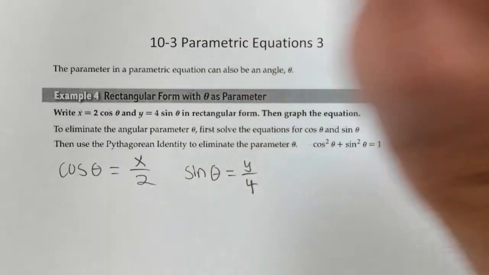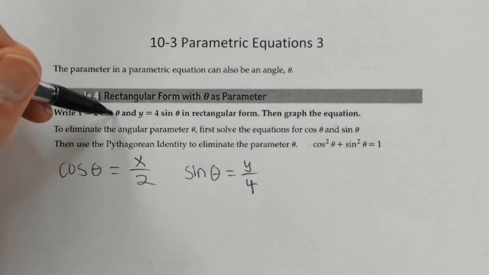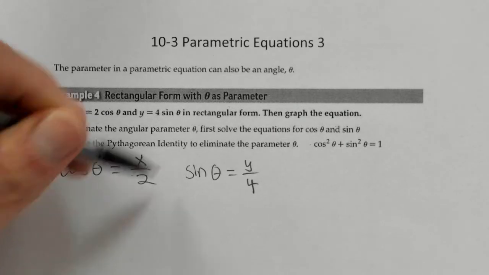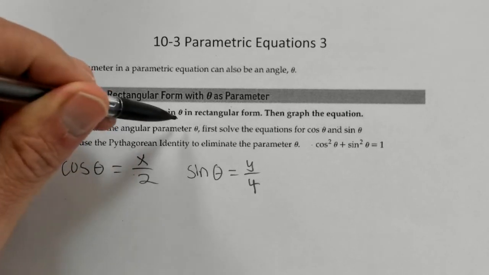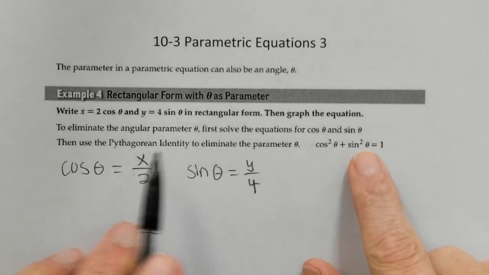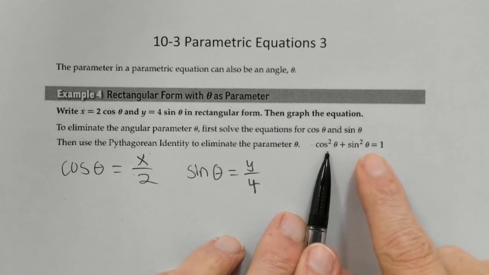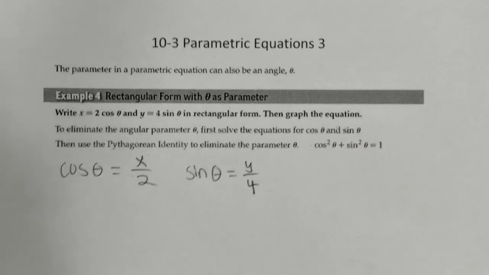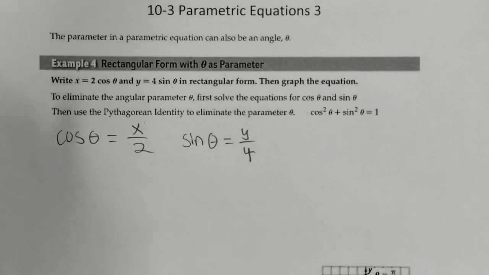And so now, instead of continuing to solve this by doing the inverse cosine to both sides, solving for the angle itself and plugging it back into the other equation, I can go ahead and get one equation in terms of x and y just by using the Pythagorean identity. That's a quicker way to come up with the equation, and it'll end up being in a more practical form, as you'll see in just a moment.